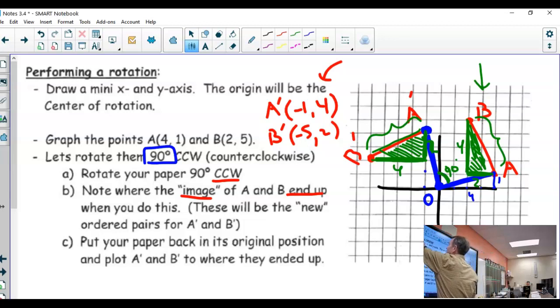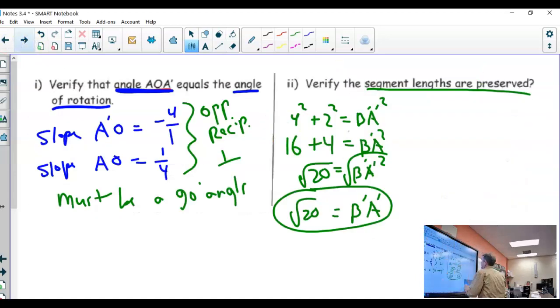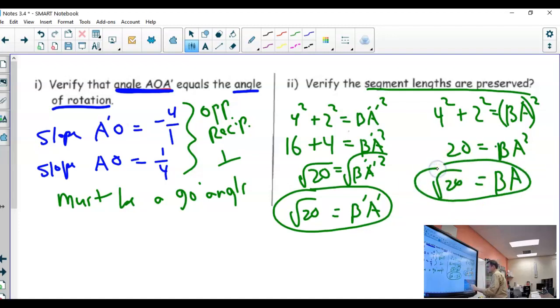So when I set up the Pythagorean theorem, it would be, again, 4 squared plus 2 squared equals, this time, BA squared. I guess that should be in parentheses technically. And that's still going to give me 20 equals BA squared, which is going to give me that BA equals the square root of 20.